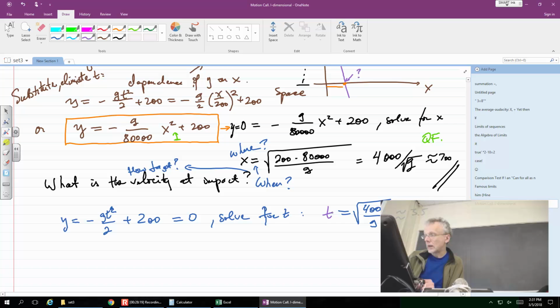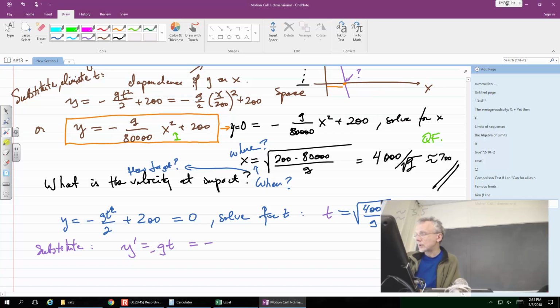And then we substitute now into the equation for the vertical velocity and the horizontal velocity. So for the vertical velocity, my y prime is equal to negative gt, because the initial vertical component of the velocity was 0, so it's simply negative gt, and t we just found.